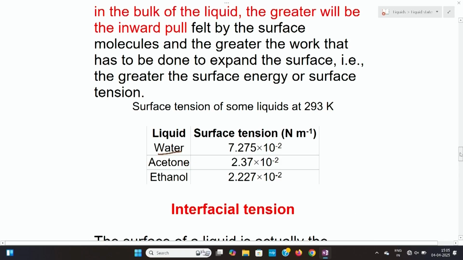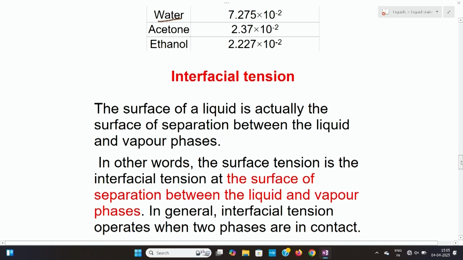Now, let us see another thing, that is interfacial tension. The interfacial tension is nothing but the tension at the interface. That means the tension at the surface of the liquid between the liquid and vapor phases. That is the interfacial tension.